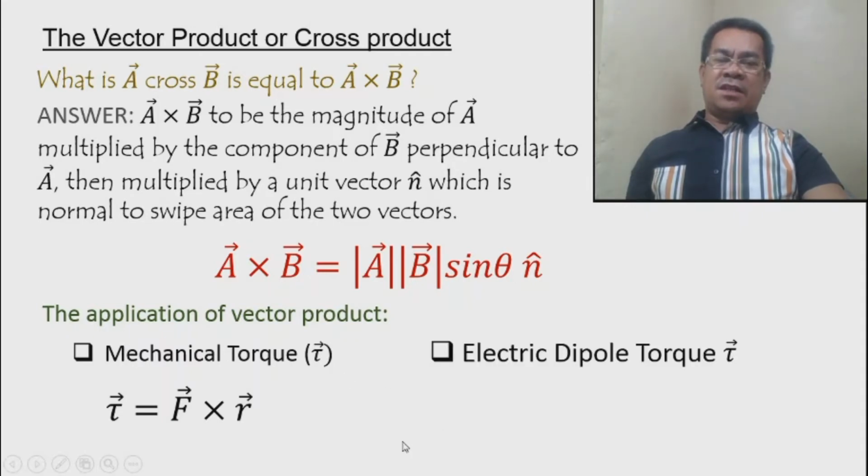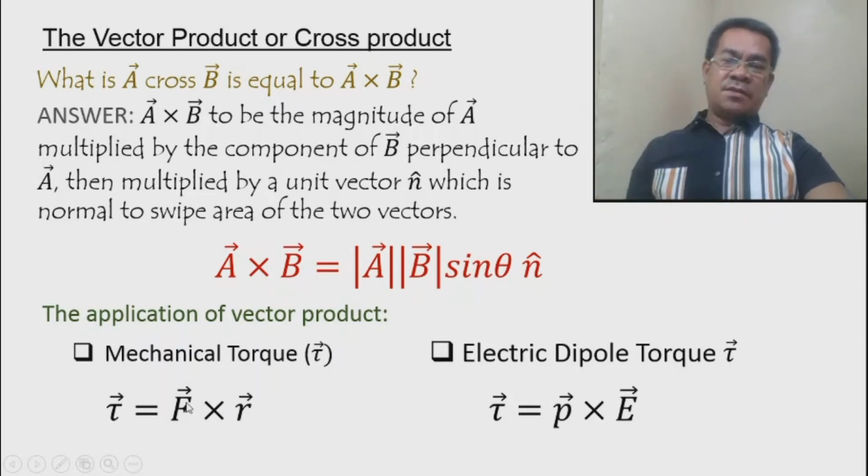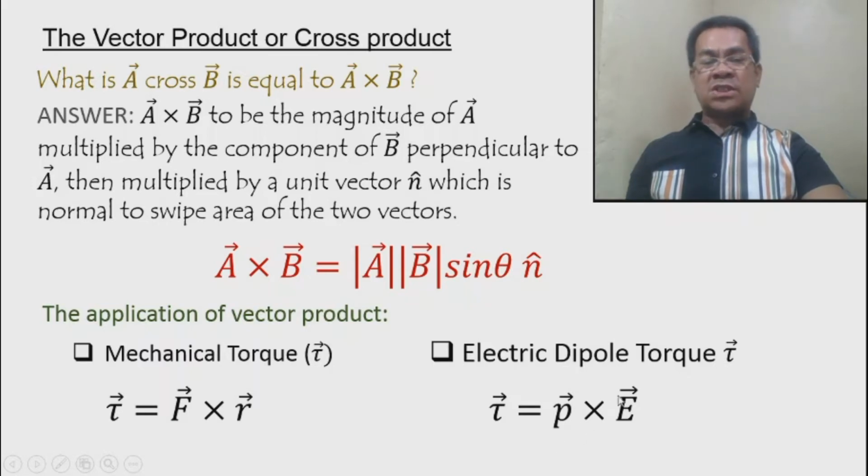Now, in electricity, for working with an electric dipole, we have another torque. The torque of the dipole, after substituting the force, is this formula. We replace the force with the electric force, then substitute, and this will be the result. But there's still the cross product.